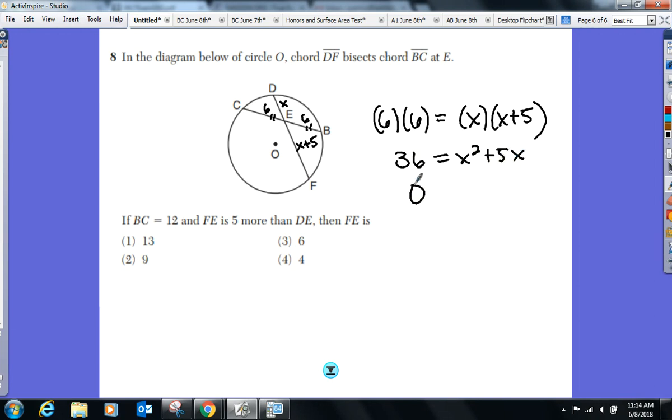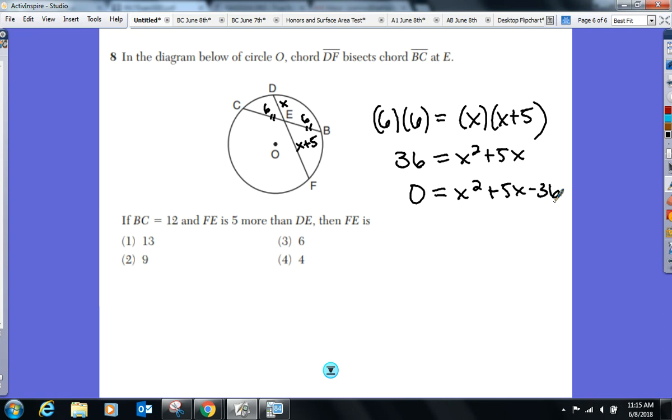Move the 36 over. Hey, can I please just make a small comment right now, and hopefully you guys take it and run with it. I realize here some of you may go into panic mode now because you think you're awful at factoring, which is fine. I get it. This is a multiple choice example. You do not have to factor here. If you set this up correctly, guys, what can you do with every single multiple choice?